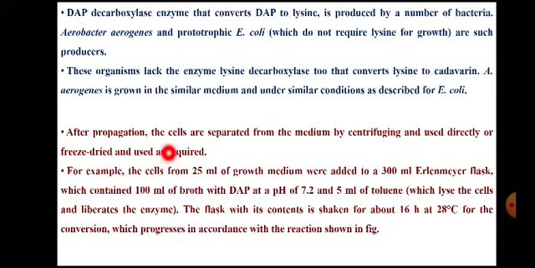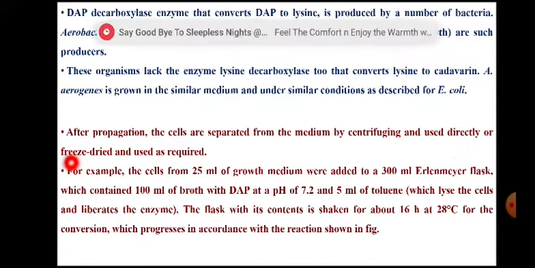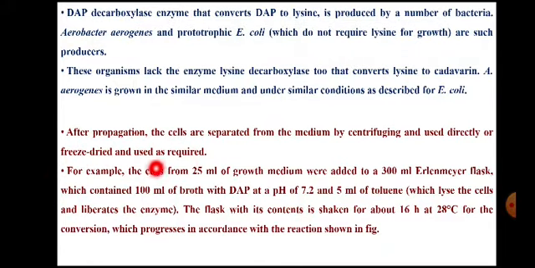Then after propagation, the cells are separated from the medium by centrifugation and used directly or freeze dried as and when required. For example, the cells from 25 ml growth medium were added to a 300 ml Erlenmeyer flask, which contained 100 ml of broth with DAP.